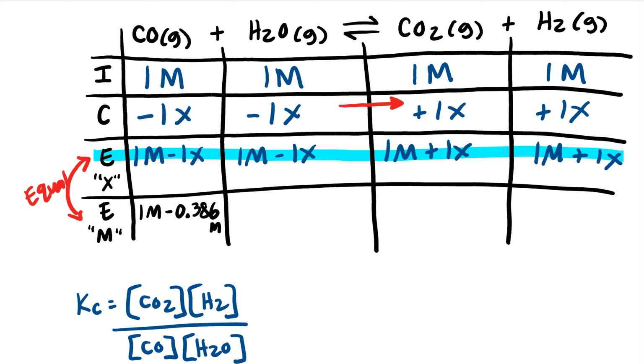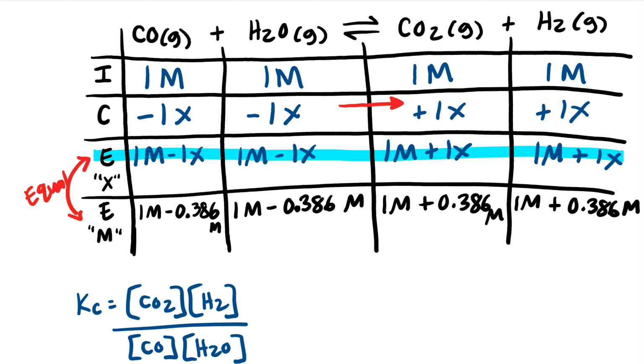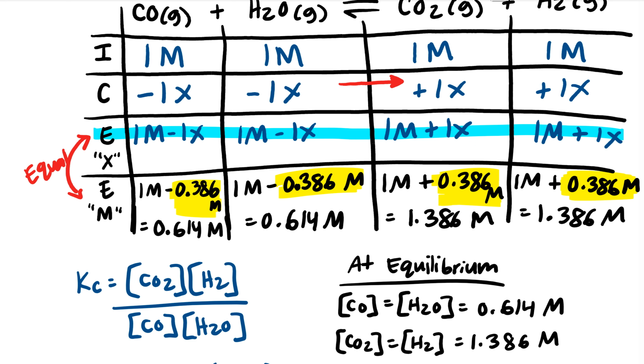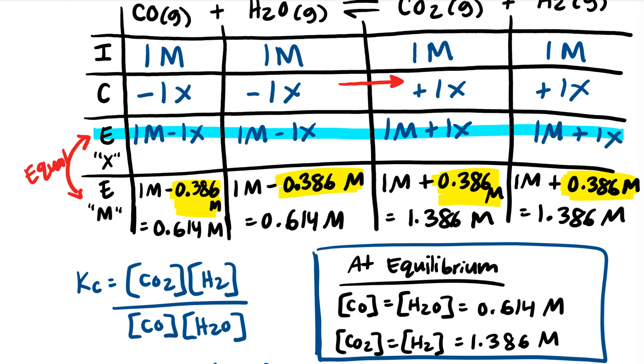And solve that, and I'm going to set up the rest, and I'm going to go back and calculate everything. Okay, all of my X values are substituted in to my ICE chart for that very last row. That's where I sub in the X. And then my last step here, guys, I'm just going to finish up the calculations. And there you have it. I have my molarity values for all the chemical species when they are at equilibrium. So you can see here are my final answers that I'm putting this blue box around.